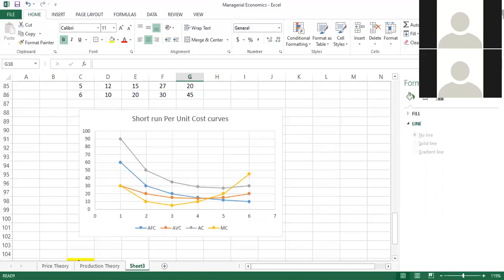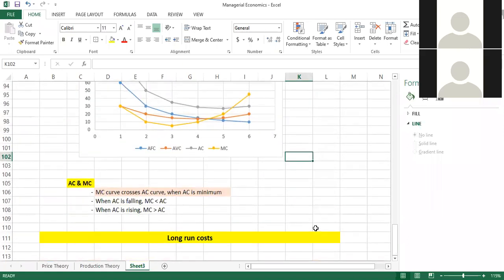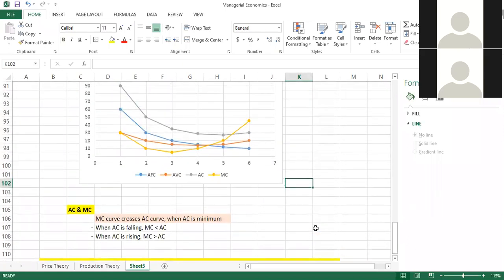But the CVP analysis, there we do mainly using fixed cost and variable cost, right? Cost volume profit analysis, break-even analysis, very much related. Okay, so from that point we can continue in the next session, and we can start market structures next day.